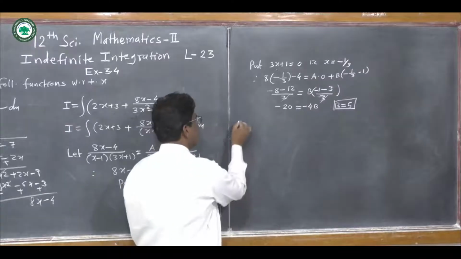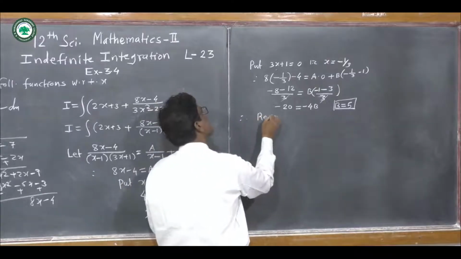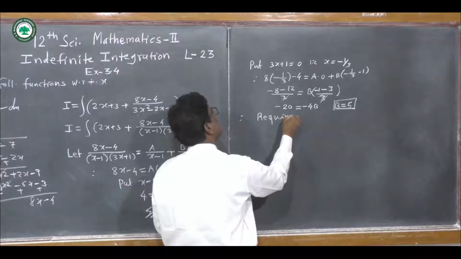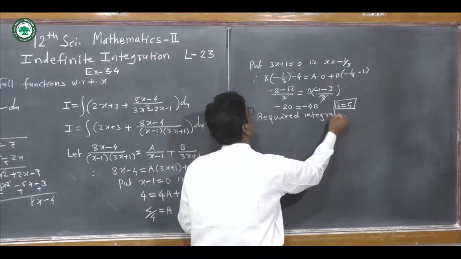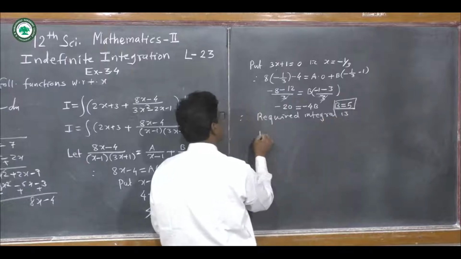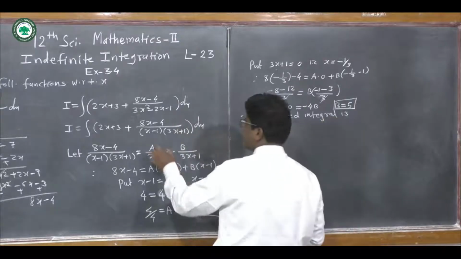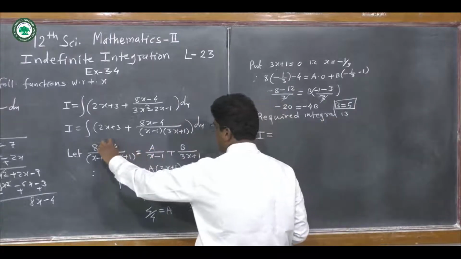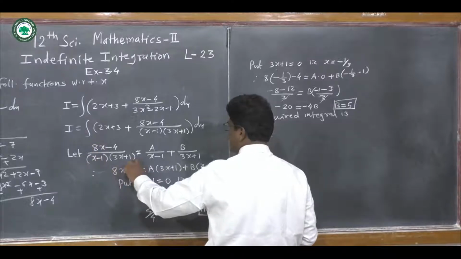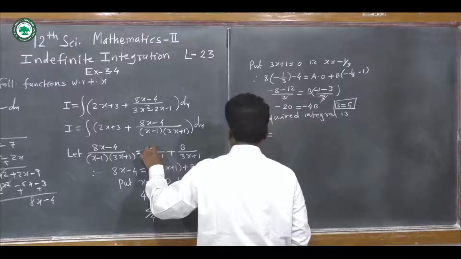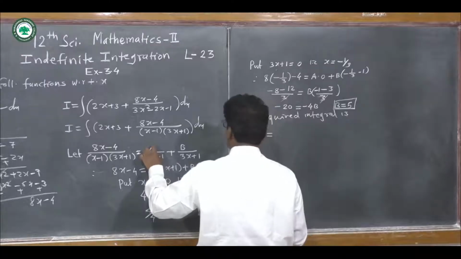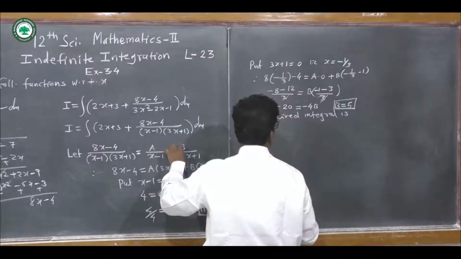And therefore the required integral becomes: I is equal to, in this equation we put 8x minus 4 upon x minus 1 into 3x plus 1 is equal to a upon x minus 1, and a is 1 and b is 5.